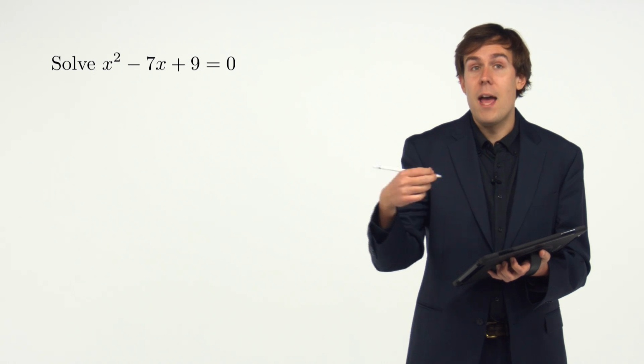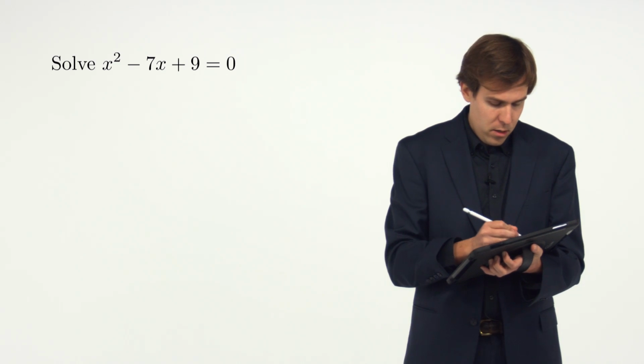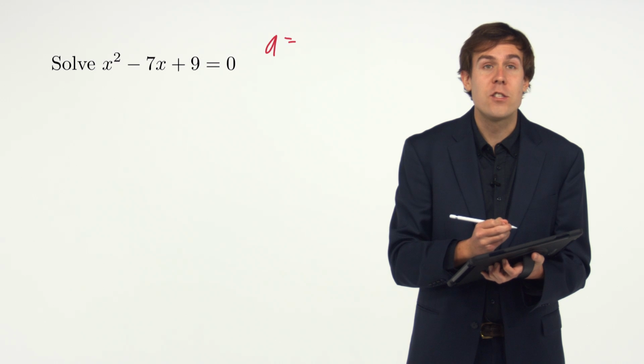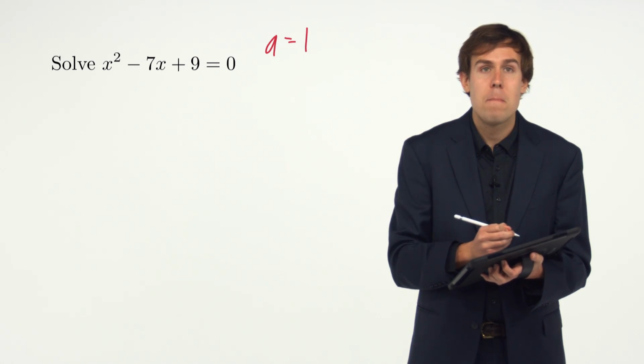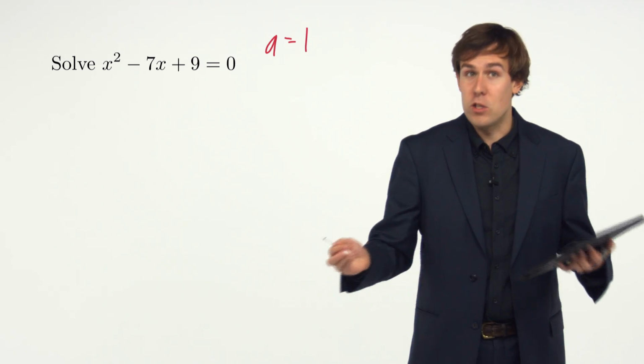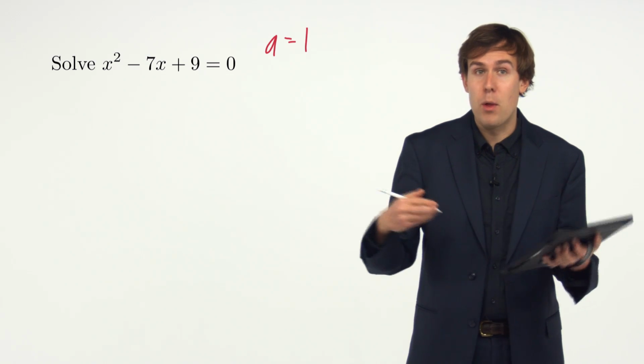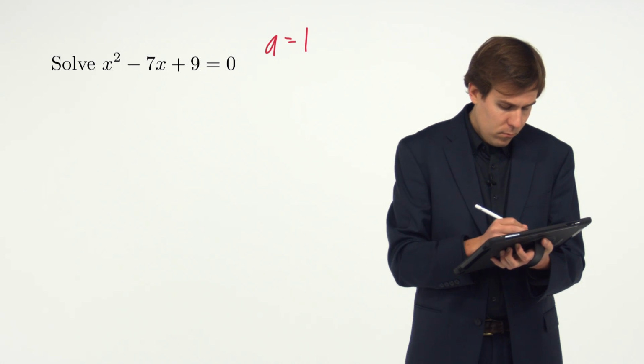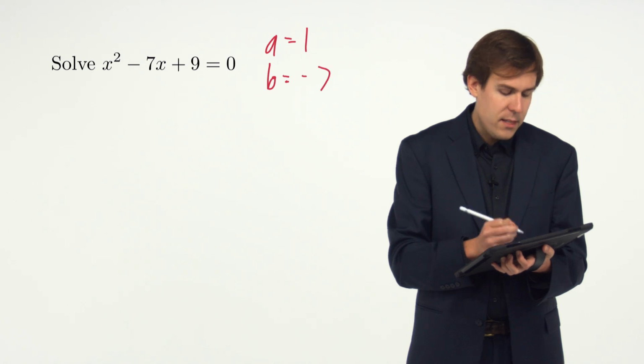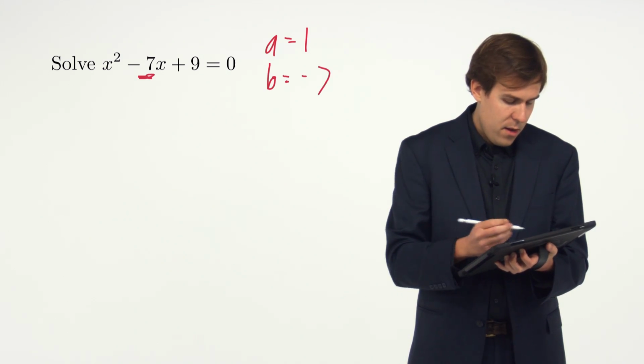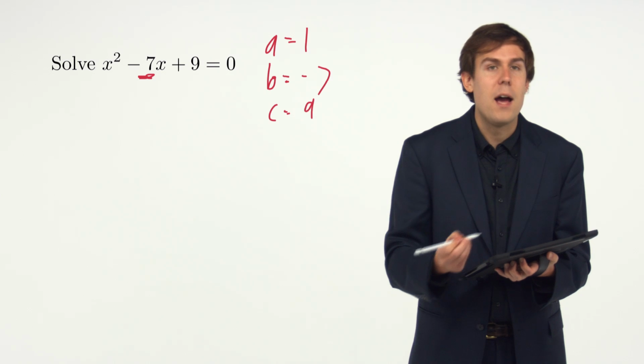So let's see what a, b, and c are. So a is the coefficient on x squared, which is 1 in this case. If you don't see a coefficient, it's because the coefficient's 1, and multiplying by 1 does nothing. b is minus 7, that's the coefficient here, and c is equal to 9.